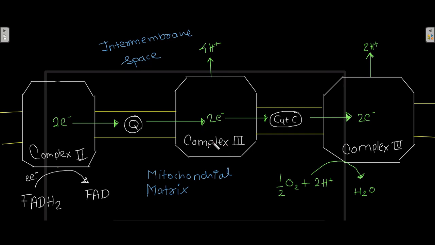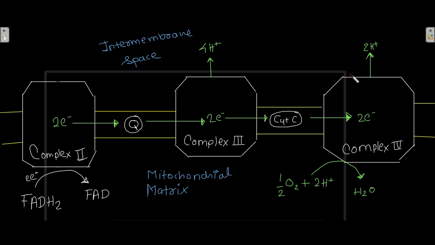And then from complex 3 the 2 electrons go to complex 4 through cytochrome C, and the 2 electrons then reduce oxygen, and there is formation of a water molecule. In this process also there is proton pumping, but of 2 protons, not 4 protons. In case of NADH it was also 2 protons.